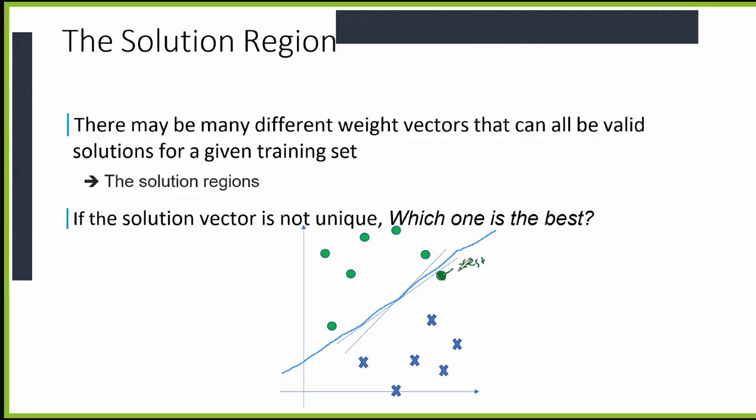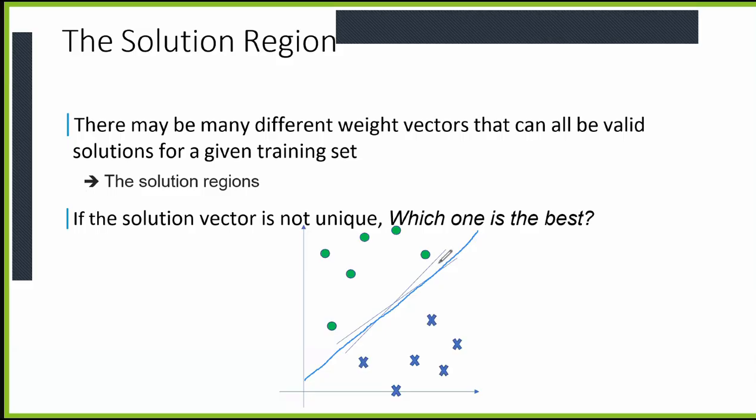But we could have done better if we determined the linear decision boundary somewhere here instead of a line that's closer to the green part.